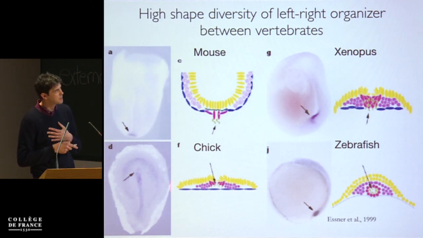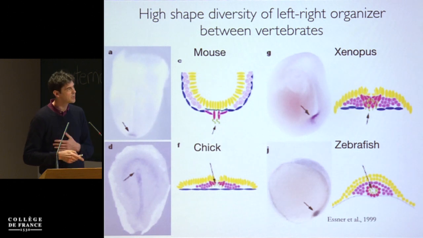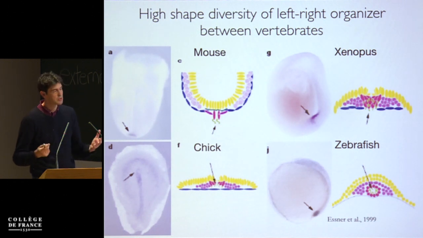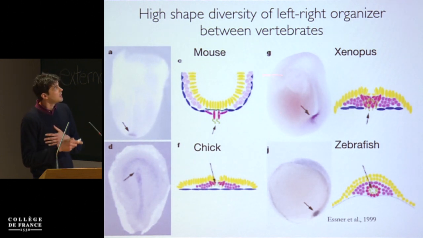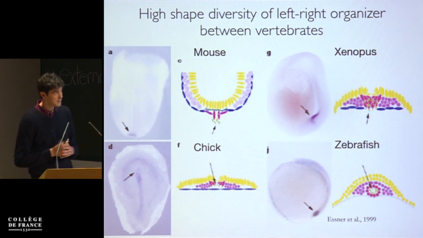I'll come back to that, but so far I have to say that there is not a global way to explain left-right symmetry breaking via cilia motility, but there might be other conservation traces. Interestingly as well, the structure and the shape of the organizer is highly different between those species.